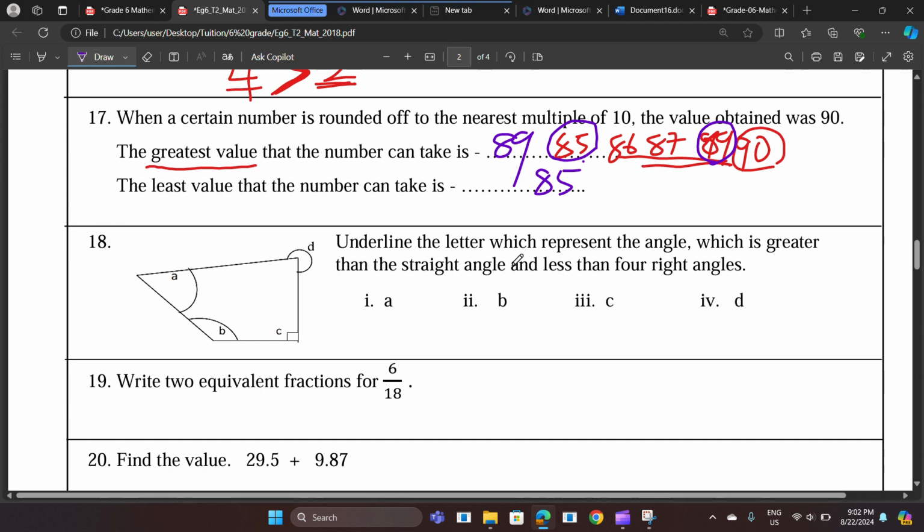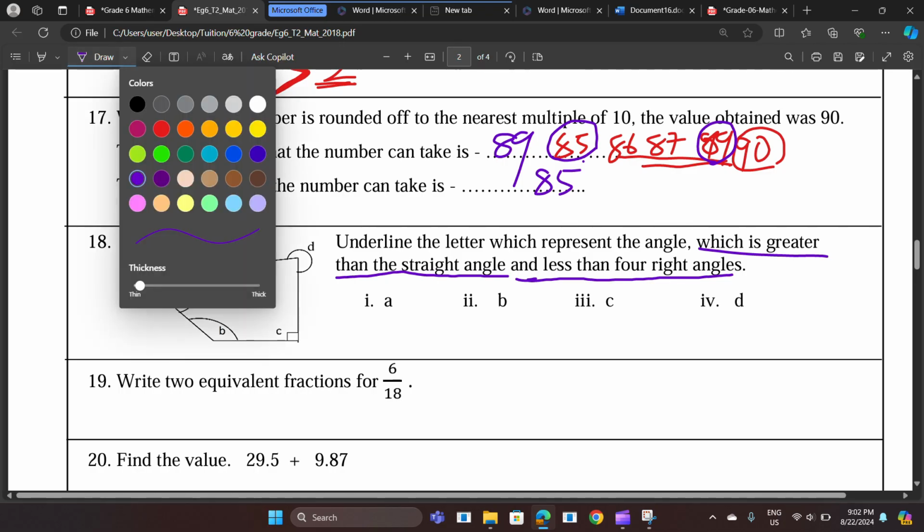Okay. 18th question. Underline the letter which represents the angle which is greater than the straight angle and less than four right angles.